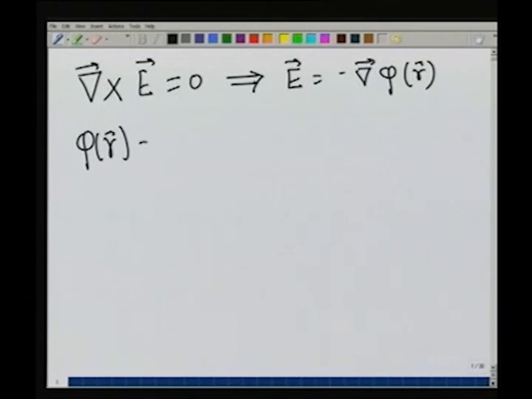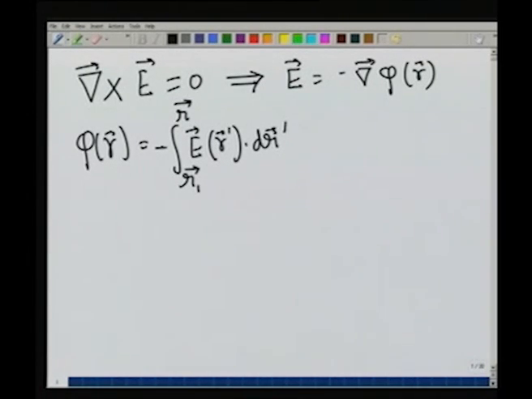Now, if I were to write down the solution for phi, I would write it as phi of r is nothing but integral E of r prime dot dr prime, where the endpoint is fixed at r. Of course, I have to put a minus sign here because E has been written as minus gradient of phi. There is an ambiguity about the initial point, which we can choose to be any point, and let me denote it by r1.